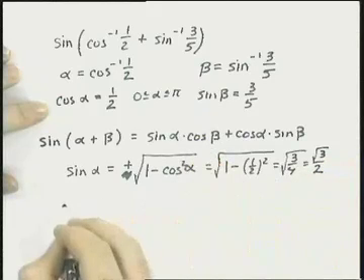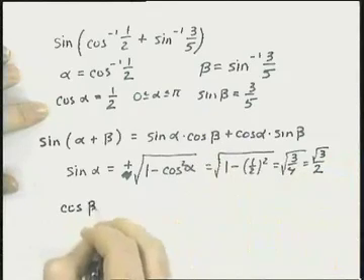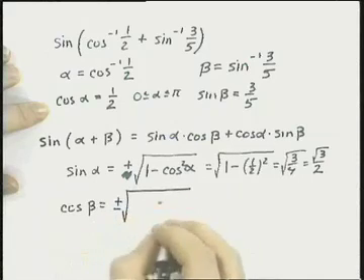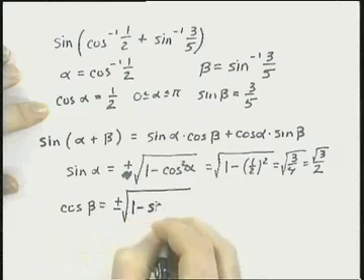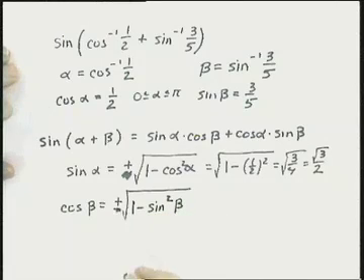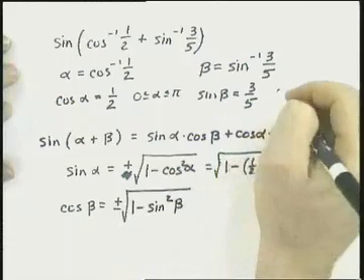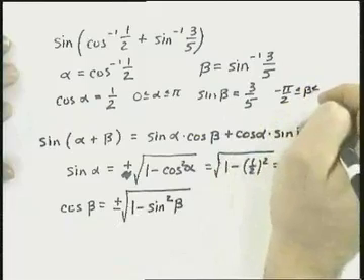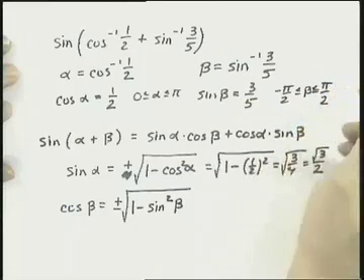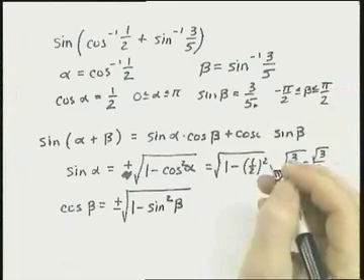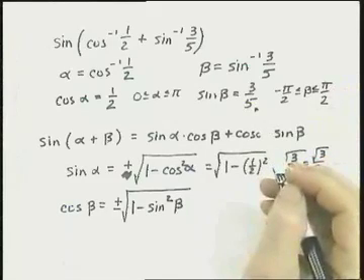Now let's get the cosine of beta. Again, it's going to be plus or minus the square root of 1 minus sine squared of beta. Well, is it going to be the plus or the minus? We remember the domain restriction on the sine is going to be that beta must be between negative pi over 2 and pi over 2 inclusive. That means that beta is either in the first quadrant or in the fourth quadrant.